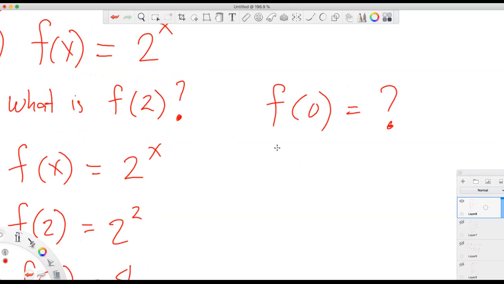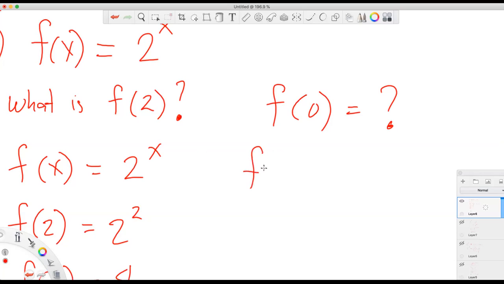Another way of asking this is, what would be the value of y when x is equal to 0? A 1. 1, exactly.